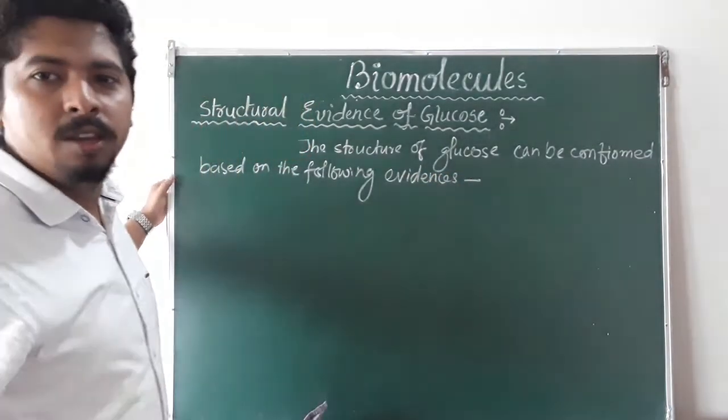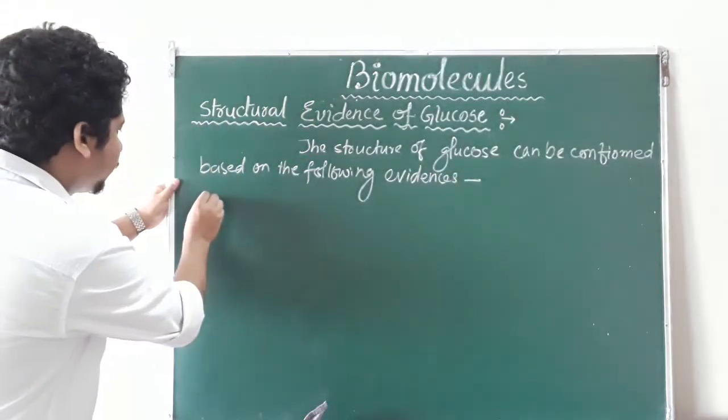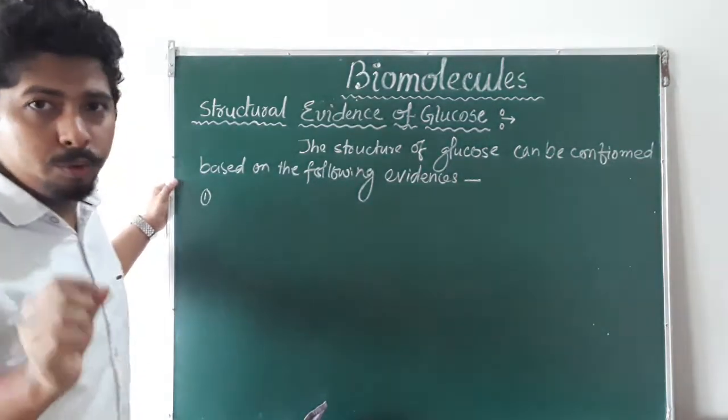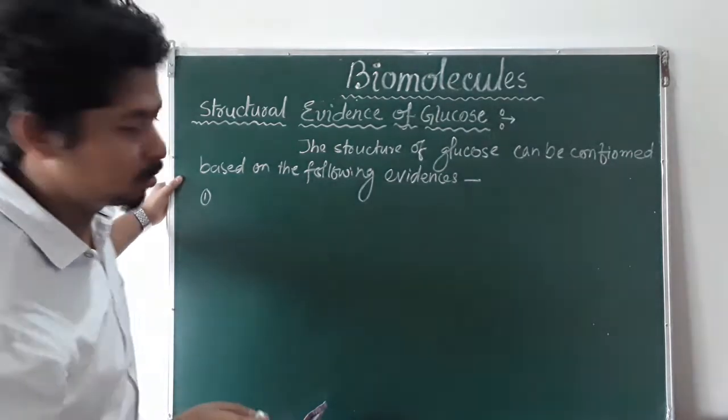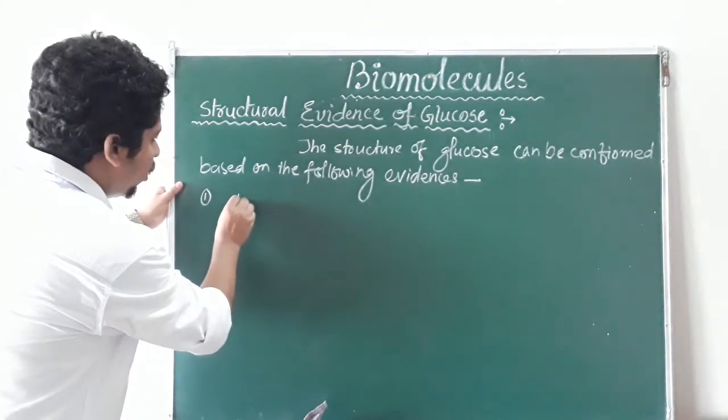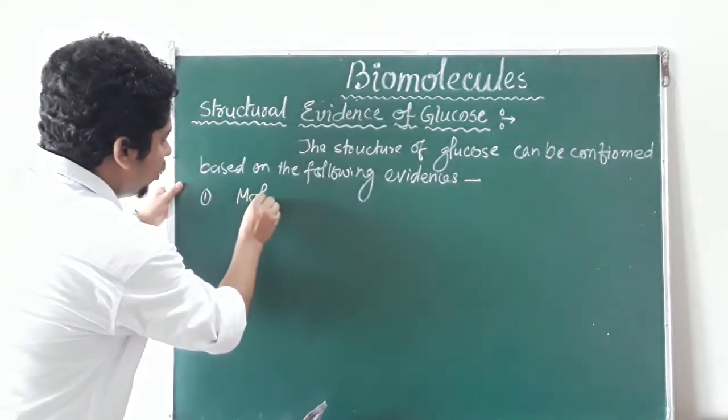Now first of all, you see number one. We know the molecular formula of glucose is C6H12O6.